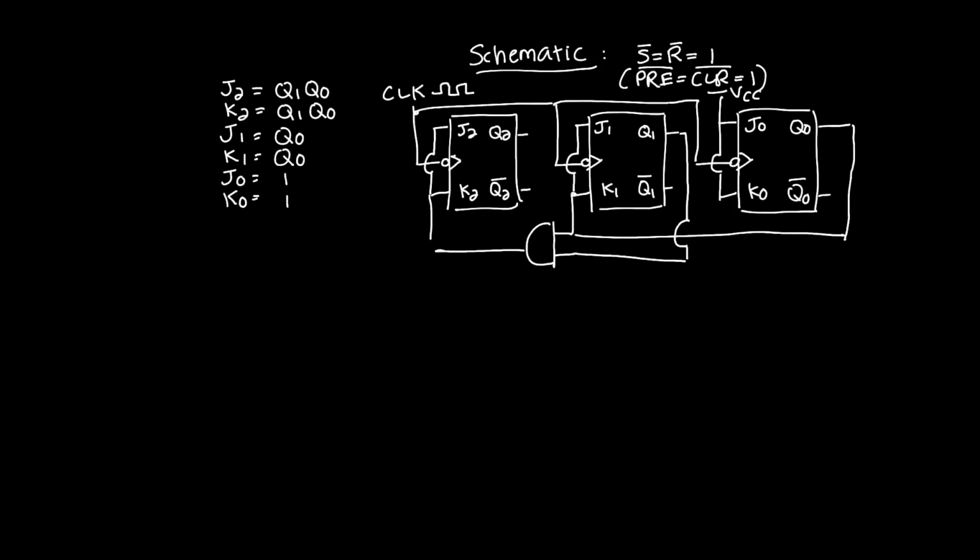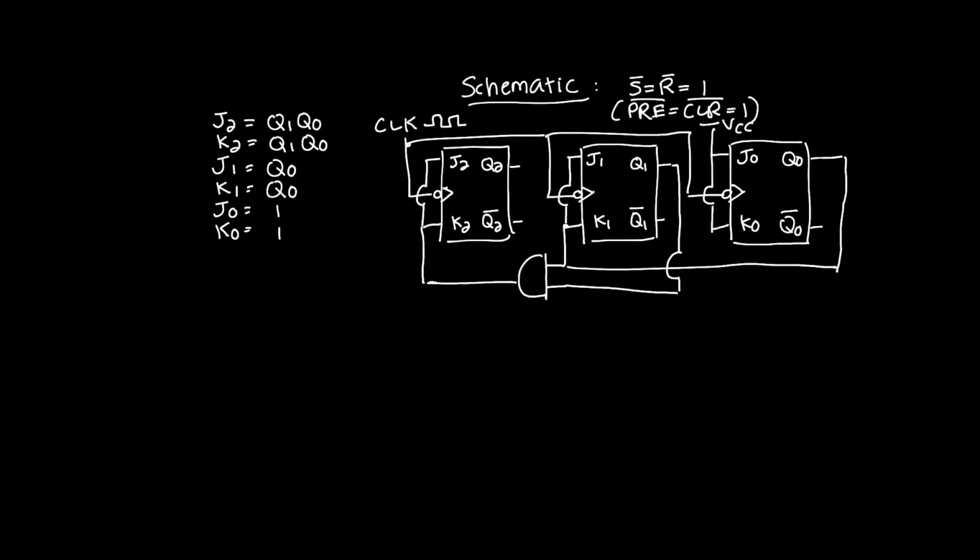So here we go. And that's the schematic for our mod-8 up counter using JK flip-flops. So these Boolean expressions for the control inputs do make a kind of logic here.